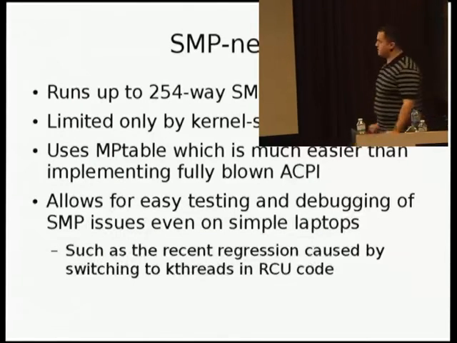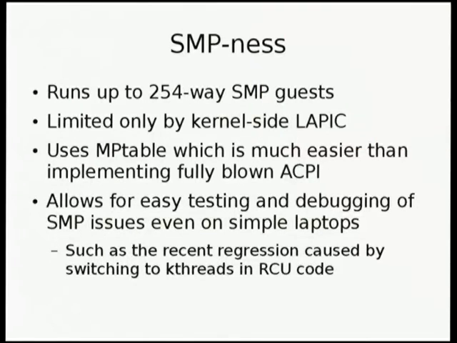As I mentioned, the guest can run a symmetrical multiprocessing machine. We support up to 254 processors in the guest. It's limited to 254 due to limitations in the kernel side of KVM. Since each APIC ID is limited to 8 bits, we only have 256 possible virtual CPUs.